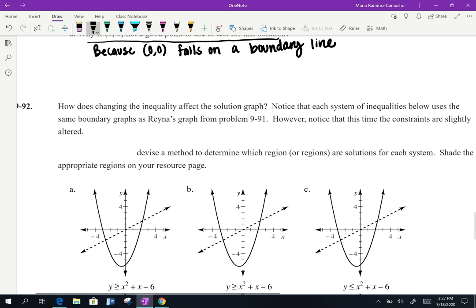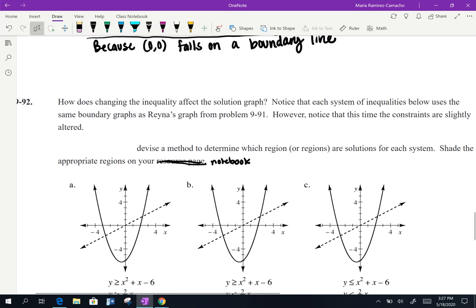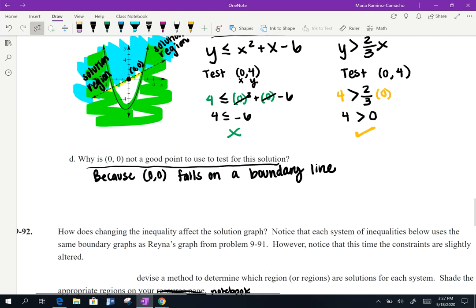Shade the appropriate regions in your notebook. Make sure you're copying this down, guys. All right, so same line and same parabola as we were working with before, just a few minor changes. And I'm going to use the same colors.